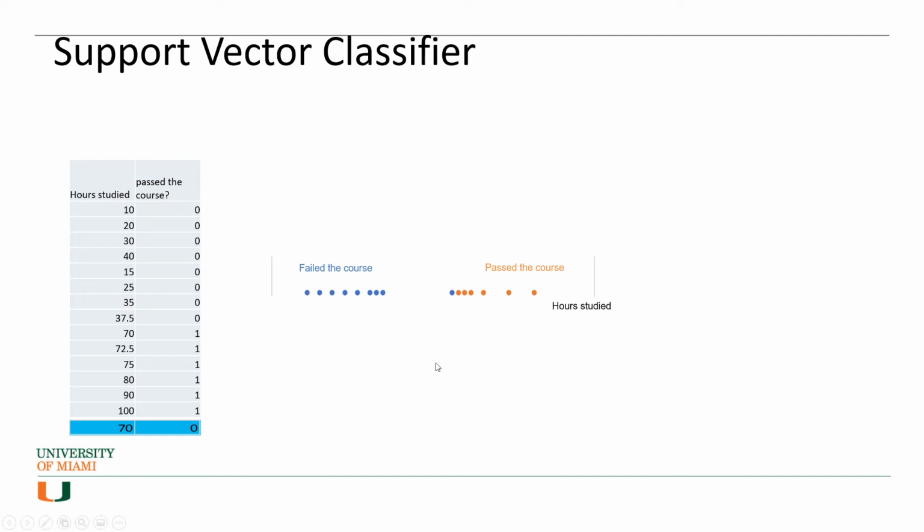So we're going to have this new student with the blue dot that has failed the course, despite the fact that the number of hours that he has studied is way closer to the students who have actually passed the course. In this case, the threshold is going to be moved to the right, and that is quite a dramatic change.